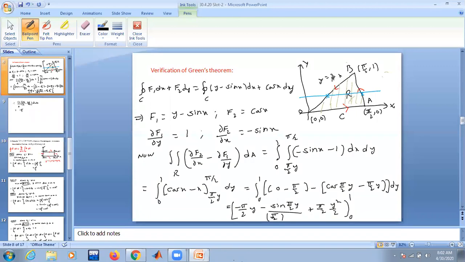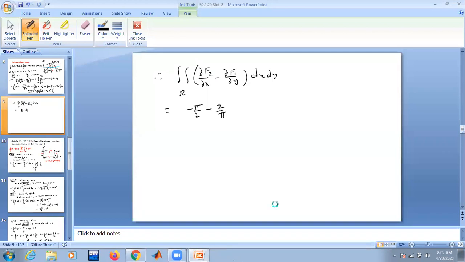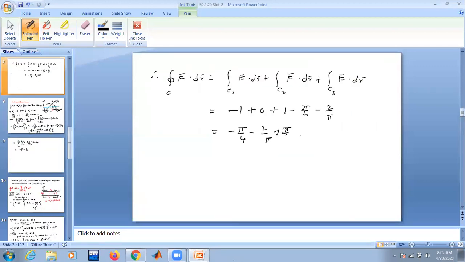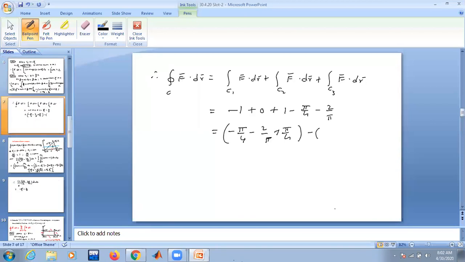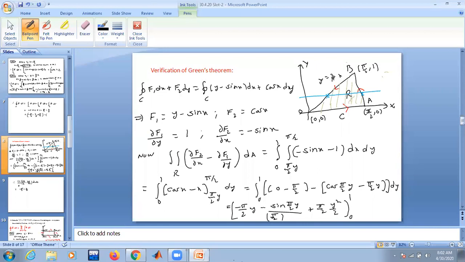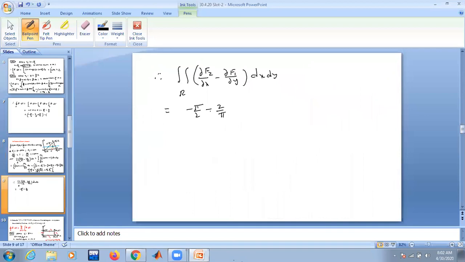Sin pi by 2 is 1, so 1 by pi by 2 is 2 by pi, and plus pi by 4. This is the upper limit. Minus the lower limit: 0 into anything is 0, and sin 0 is 0, so the lower limit is 0. So the simplification is minus pi by 2 minus 2 by pi. This is the value that we got previously.